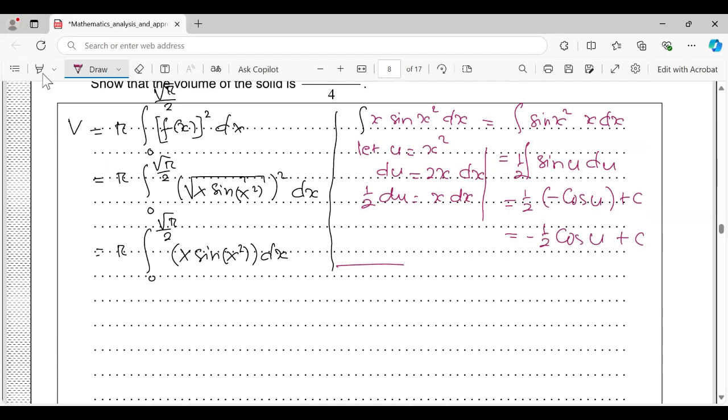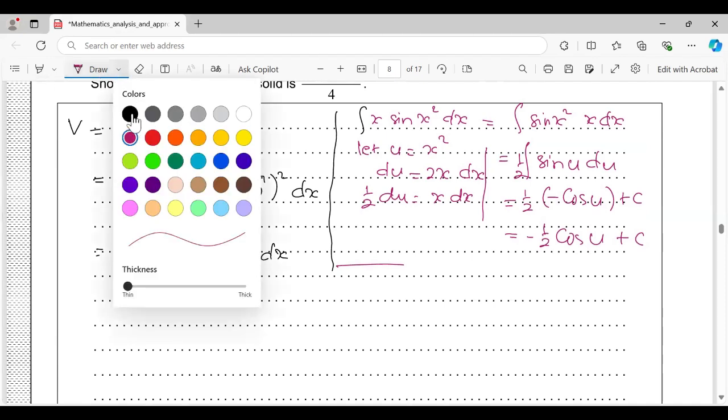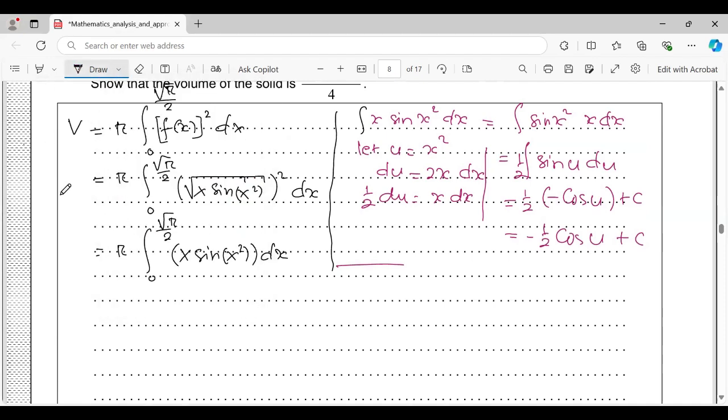And then for the next step of this volume, this volume becomes pi times the integral from 0 to square root pi over 2. So this integral equals minus half cosine u, or minus half cosine x squared.